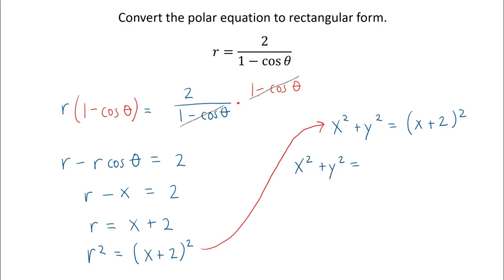That's a binomial squared. So when we FOIL that out, we'll have x squared plus 4x plus 4. And now I notice that if we subtract x squared from both sides of this equation, those x squareds cancel out and leave us with y squared equals 4x plus 4. And that is this equation in rectangular form.